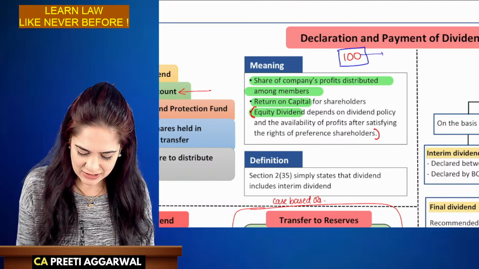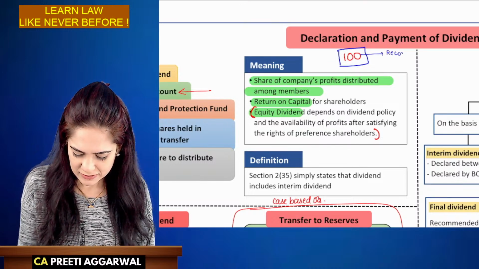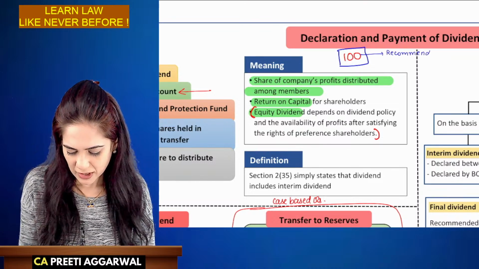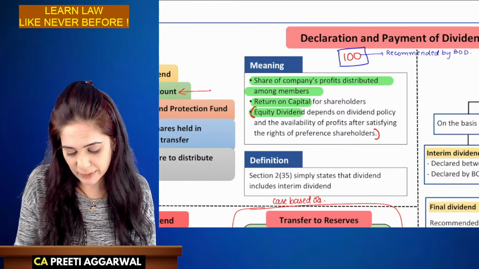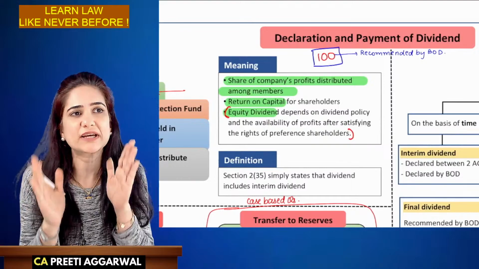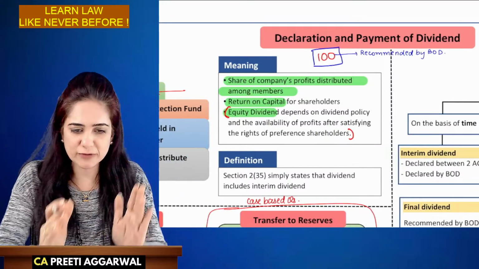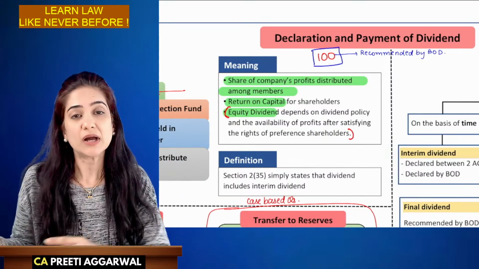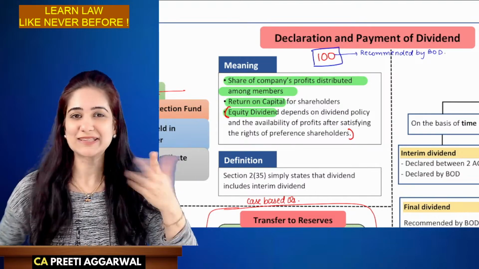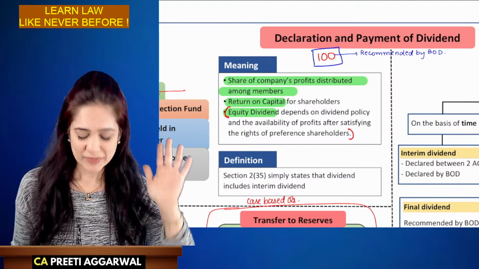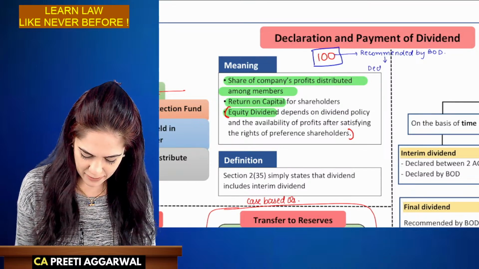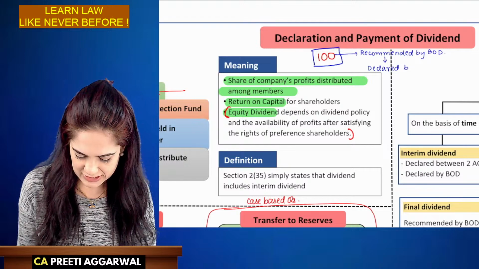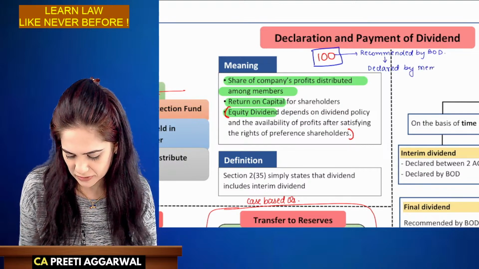They say that the dividend will be recommended by the board of directors after considering the requirements of the company. So the board of directors will say that we need some money for the growth, development of the company, for developing a new product. This is the balance. This we can distribute in the form of dividend. So it is recommended by the board and then it is declared by the members.